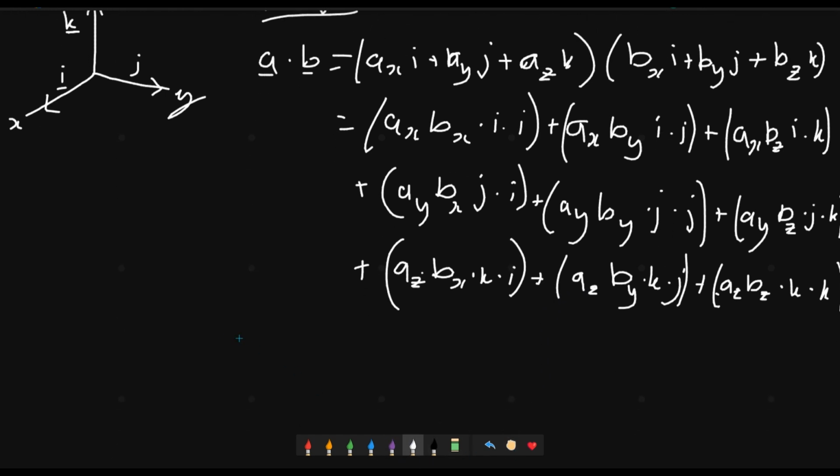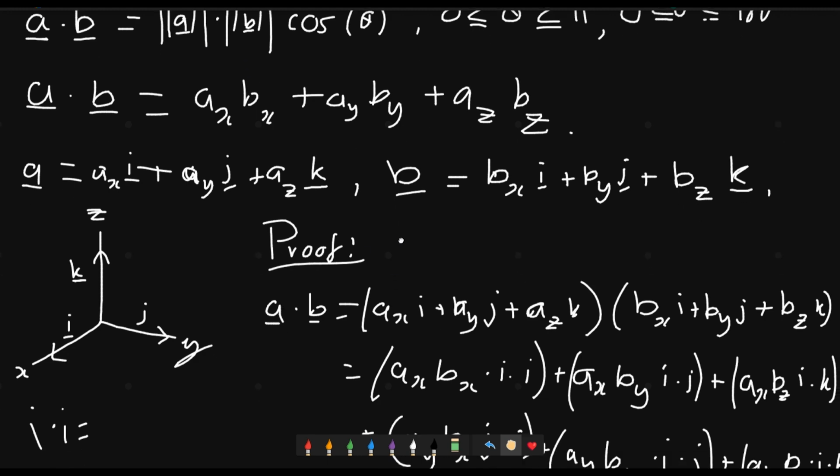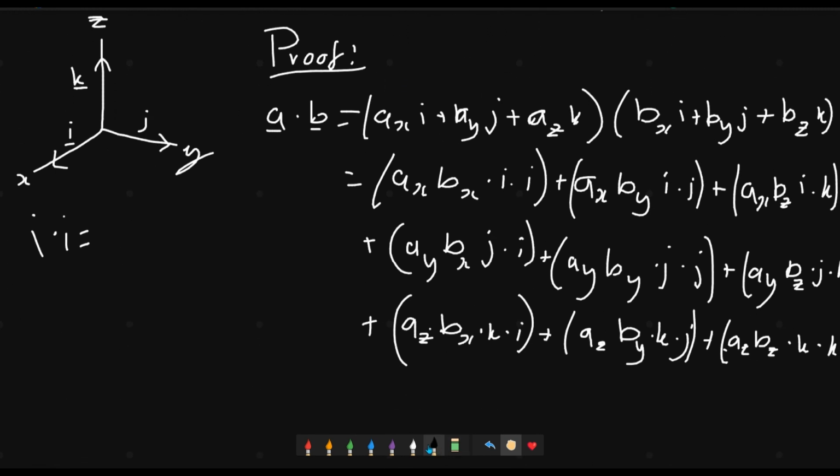Now if we're multiplying two unit vectors, say I times I, well, of course the angle between them is going to be 0, but by our definition of the dot product it's going to be the magnitude of these two, which we know is 1 because they're unit vectors, so it's going to be 1 times 1 times 1, because the cosine of 0 is just going to be 1.